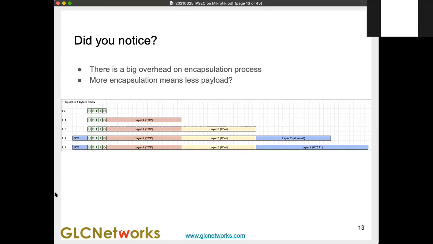One square here equals 1 byte. So if you say hello on your WhatsApp, actually the computer is not only sending hello itself, but it will be added based on the layers it is processing. So when you're sending hello on layer 4, you will add TCP, and on layer 3, this process will add more headers.